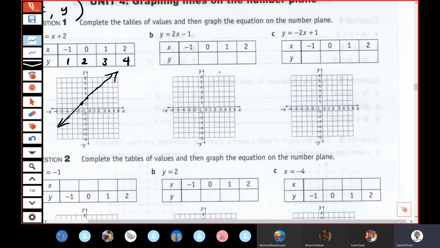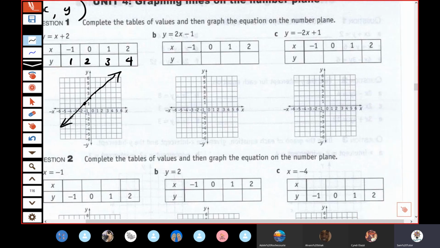Yep. So, Alvaro, that was you. All right, let's try it. So y equals 2x minus 1. Again, what's between the 2 and the x? What's in between it, just to make sure? 2 times, yeah. 2 times -1, minus 1. All right, -3. Then 2 times 0 minus 1, -1.